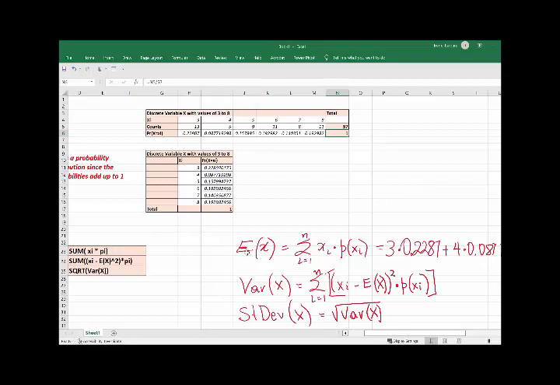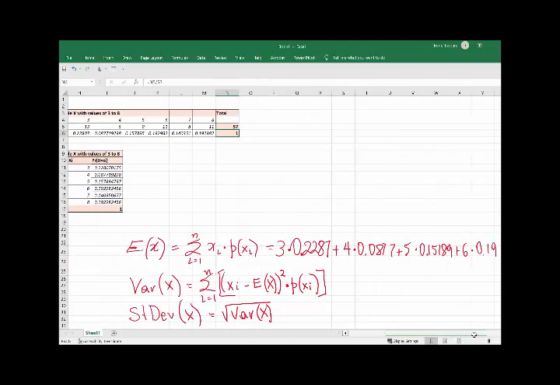After I calculate the expected value, E of x, I can calculate the variance, because the variance requires you to take the square of the difference for each one of the xi's. You subtract from xi the E of x, whatever it is, take the square of that and multiply it by the corresponding probability. So this would be 3 minus the E of x, which I don't know yet, squared, times 0.2287.